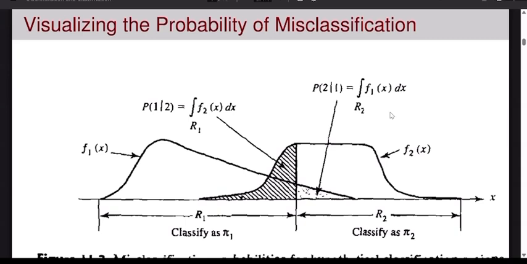Now, there are two forms of the probability of misclassification. You can see the region classified as pi 1 and the region classified as pi 2. If you take a look at the two curves, they overlap. Whenever there's overlapping of curves, there's going to be misclassification.